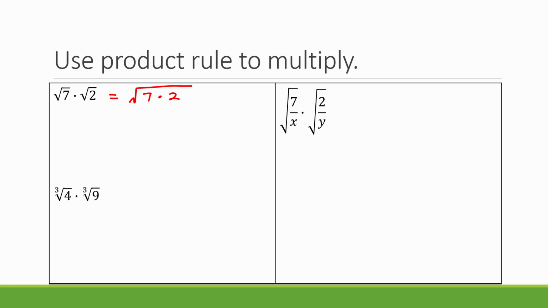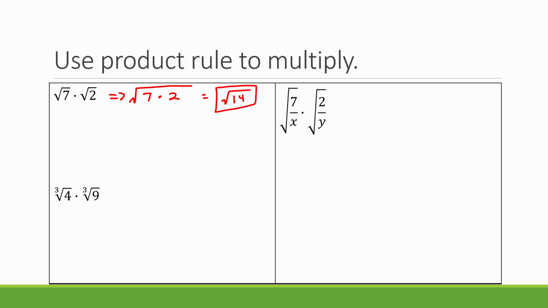Then I can multiply that out. Now you want to make sure to check to see if you can simplify any of these radicals. 14 is only 7 times 2 in prime factorization, so I cannot simplify that. But you want to check to make sure to see if you can simplify.